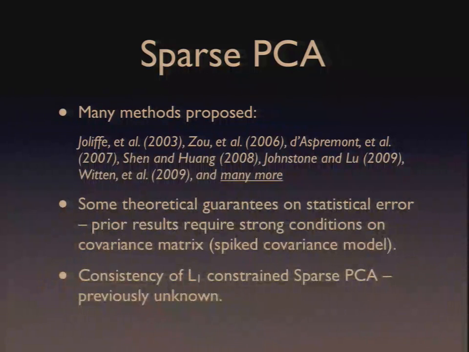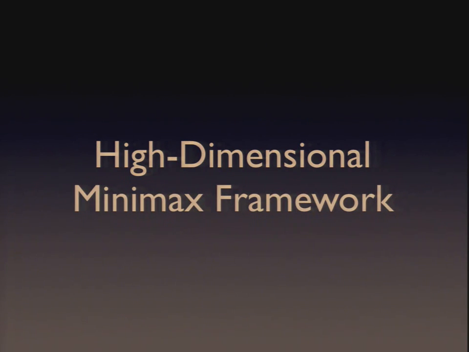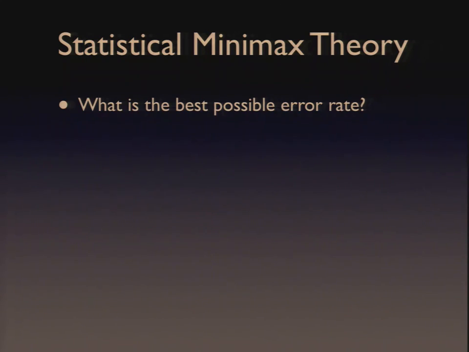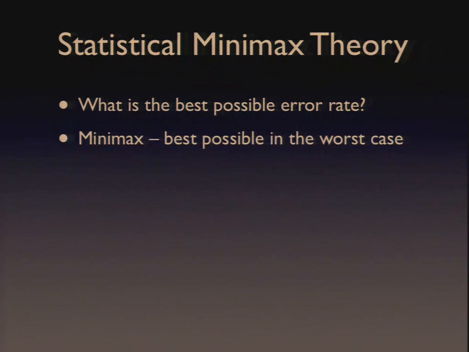The framework that we're going to use to look at the sparse PCA problem is the framework of high-dimensional Minimax. Statistical Minimax theory is concerned with what is the best possible error rate. What Minimax does is it finds the best possible error in the worst case, so the min is the best and the max is over the worst.